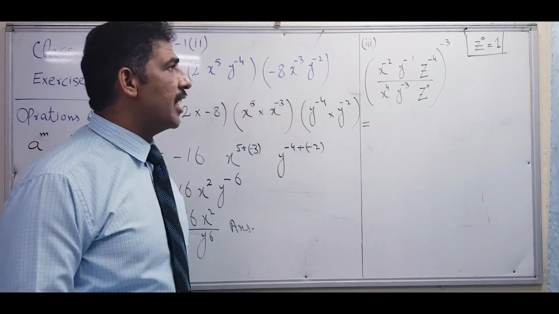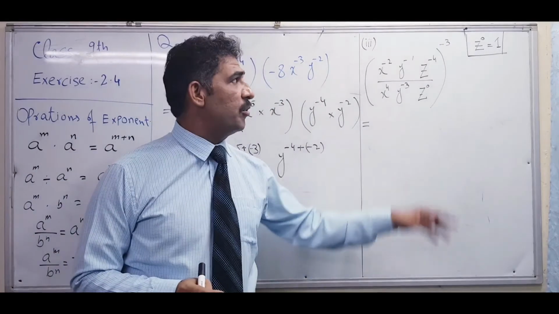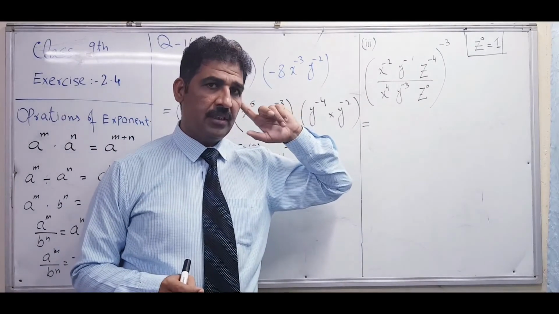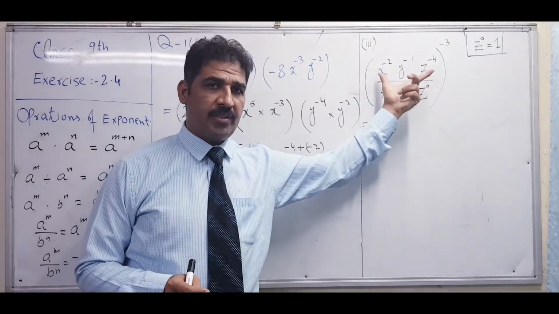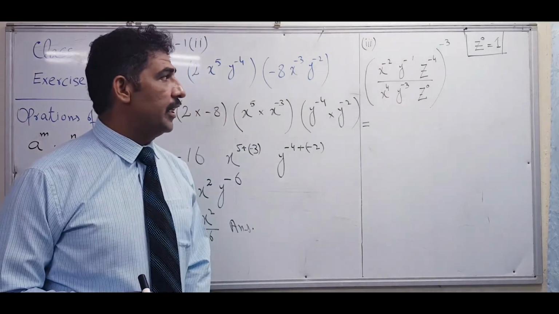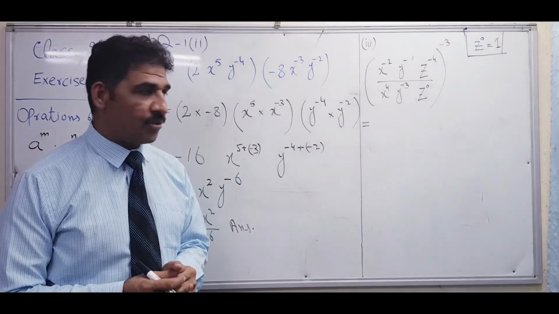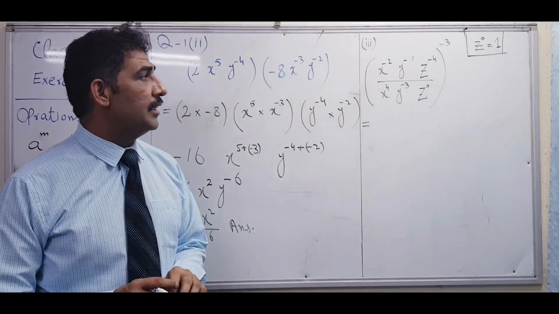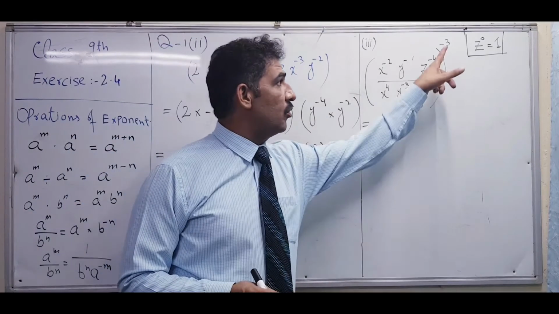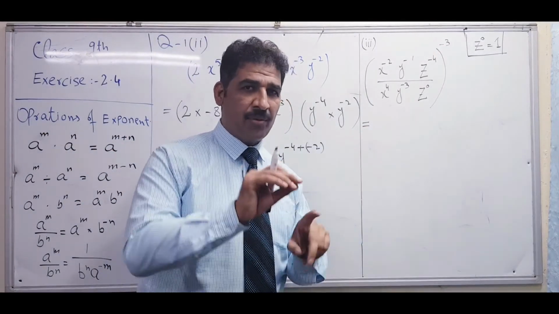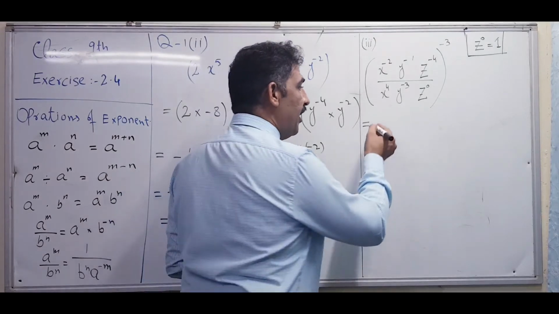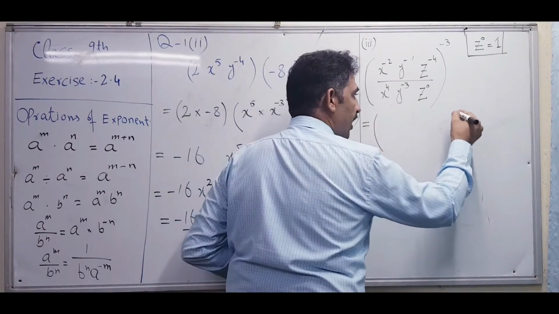First of all, there are two ways to solve: you can make the power positive, and also if you want to solve directly without making the exponent positive, then you can also solve. Both are correct methods. But I want to solve by making the exponent positive, so you have to know the rule of that also.